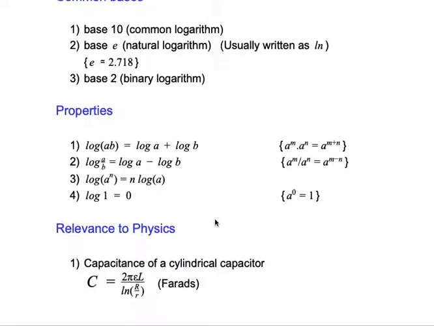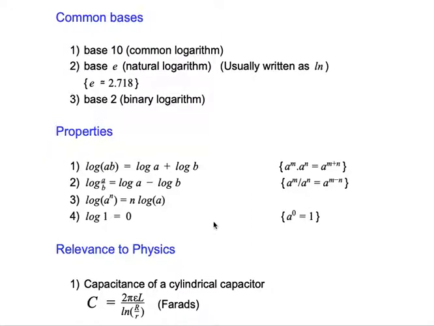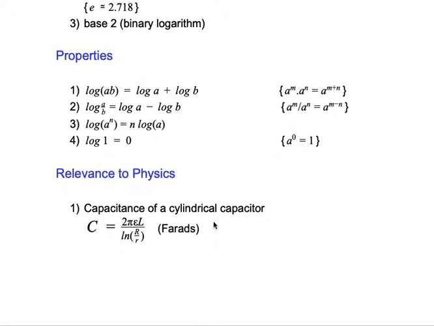Ln, you would remember, is the natural logarithm. So a cylindrical capacitor has two radii, an inner radius, which is small r, and an outer radius, which is capital R. So first we take the ratio of those two, and then we take the natural logarithm of that. And this is employed in the formula for capacitance of a cylindrical capacitor, which is measured in farads, the SI unit of this system.